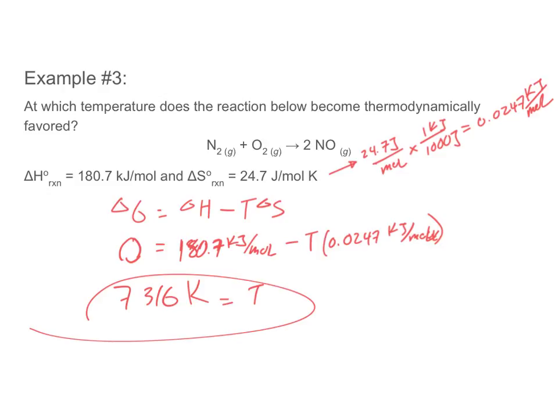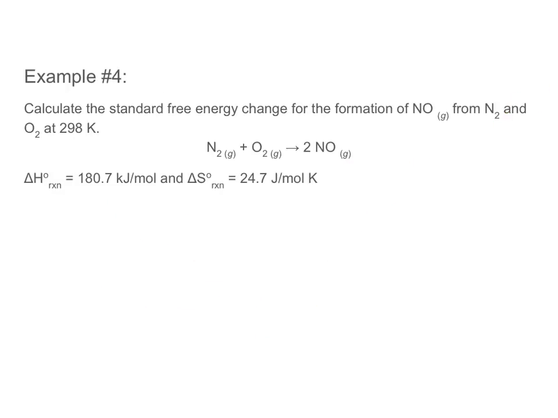Now, with example number 4, I'm going to calculate the value for delta G. So, in this case, delta G is equal to delta H minus T times delta S, and I'm solving for delta G. I know that delta H is 180.7 kilojoules per mole.